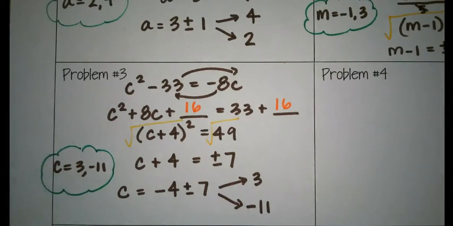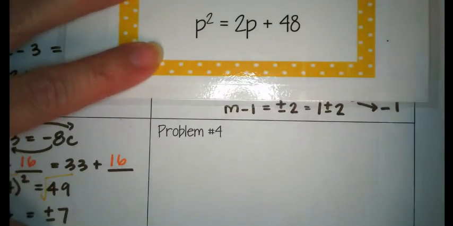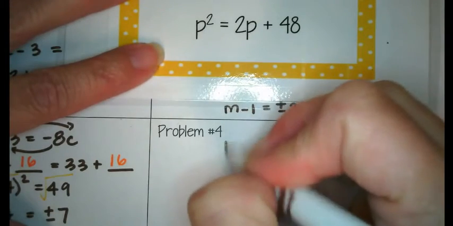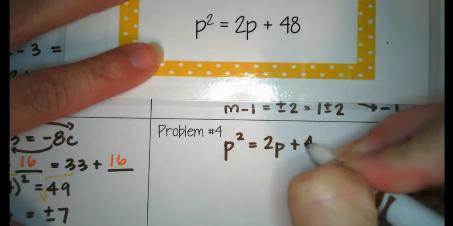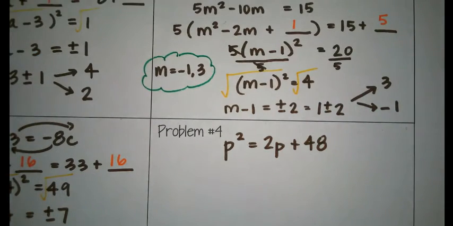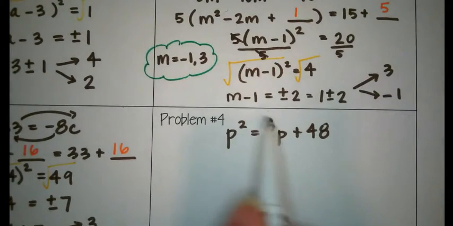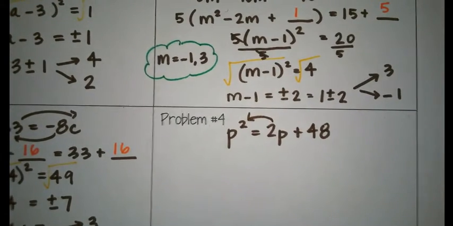All right, number 4, moving right along. So number 4 starts off as p squared equals 2p plus 48. So for this problem, I really want to get the 2p back over onto this side.